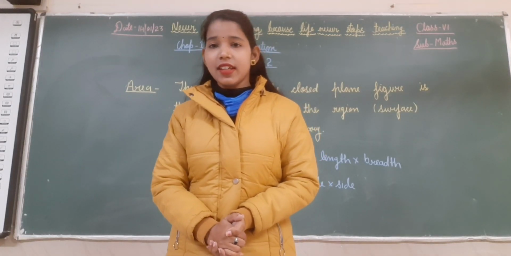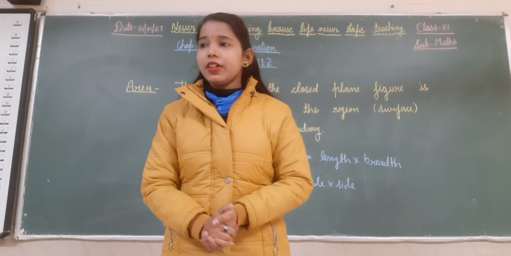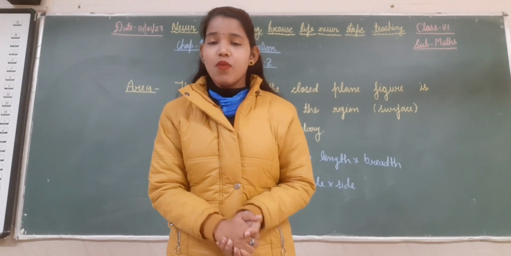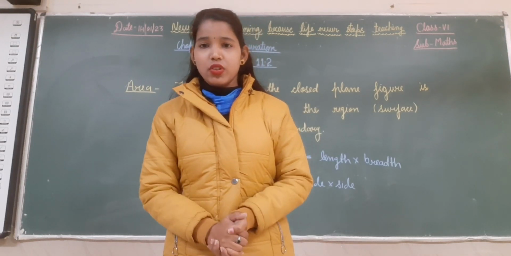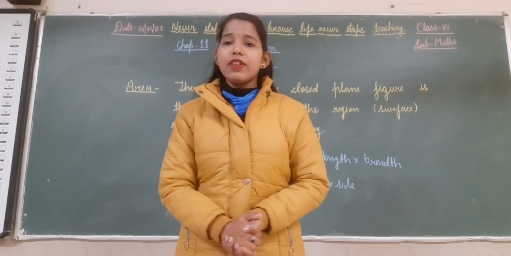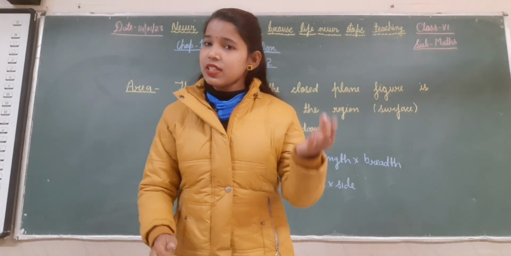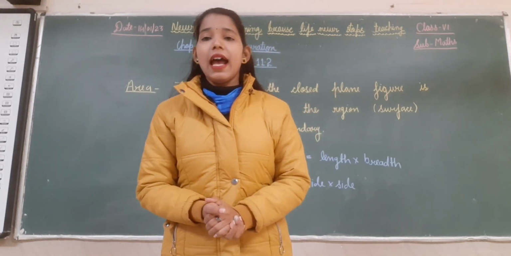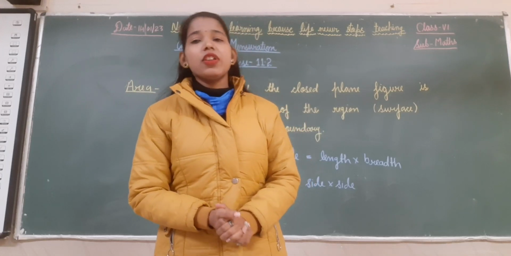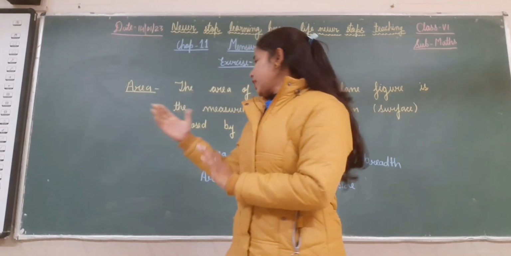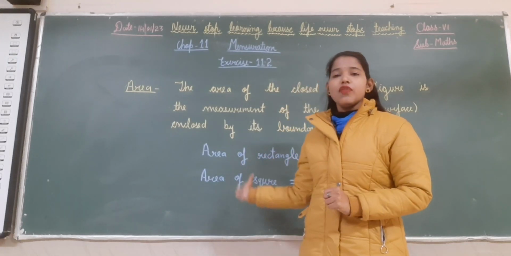All these things I have told you, and in the previous video you can watch if you have not. Today I will again introduce the definition of area and the formulas of area of rectangle and area of square.